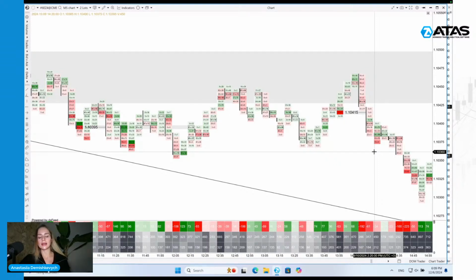But footprint is something that helps me personally to read the behavior of market participants. So one of the setups today we discussed, of course, the exhaustion, which is the selling tail and the buying tail. So I hope that was the answer to your question.